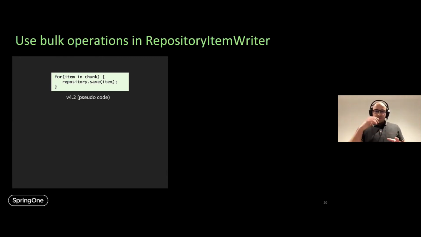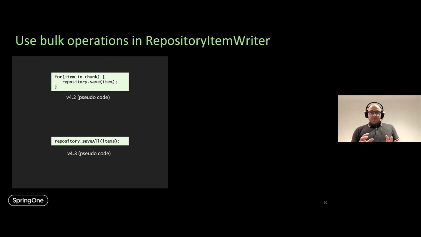And with this approach, we will iterate over all items of the chunk and call this method on the repository. Same thing as in the Mongo item writer. This is not optimal, and we changed the implementation in this release to use a single call to the saveAll method with all items at once. So this is the default in v4.3.